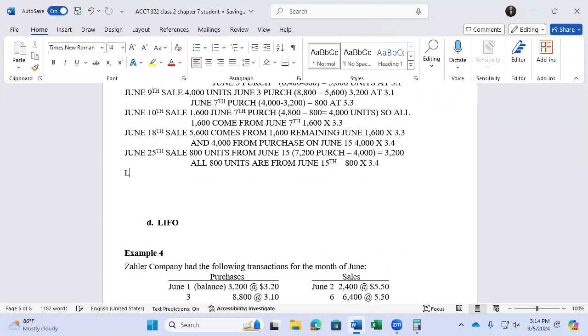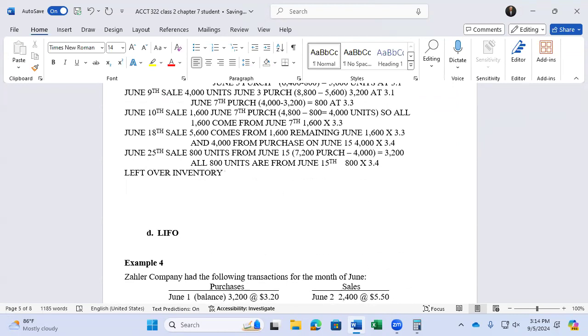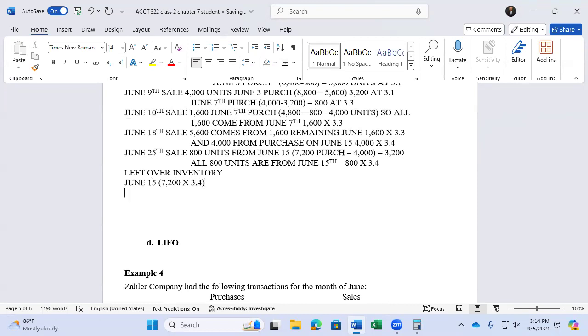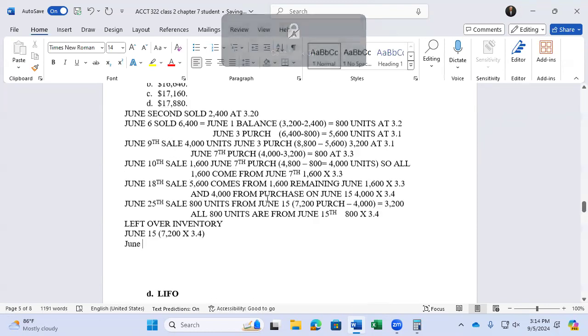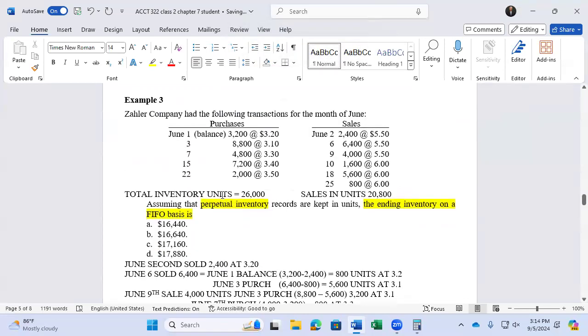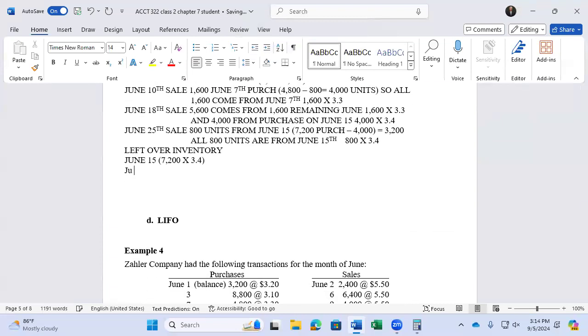So leftover inventory would be, let's call it June 15th first. June 15, we had 7,200 multiplied by 3.4. Oops. And we had the June 22nd purchase.